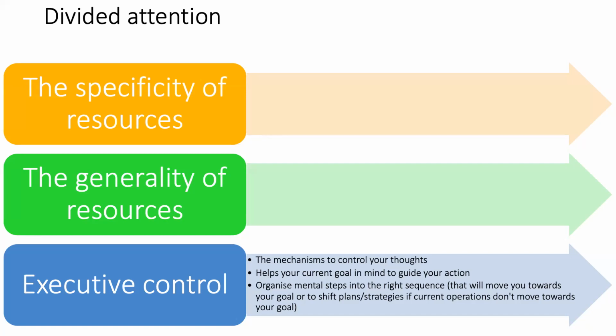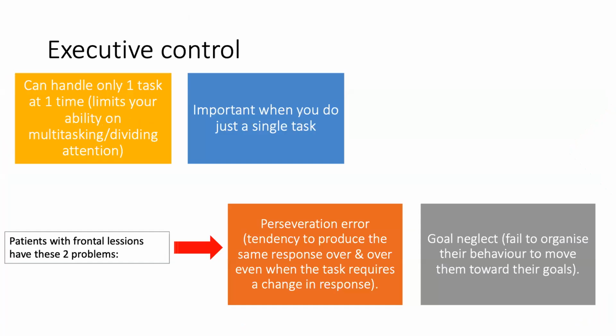Executive control helps keep your current goal in mind to guide your action. It also organizes mental steps into the right sequence that will move you towards your goal, or to shift plans or strategies if current operations don't move towards your goal.